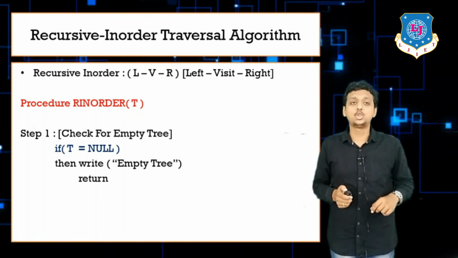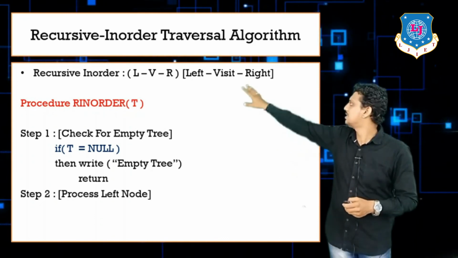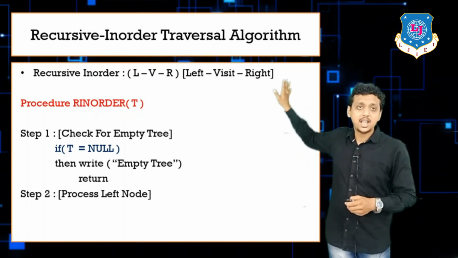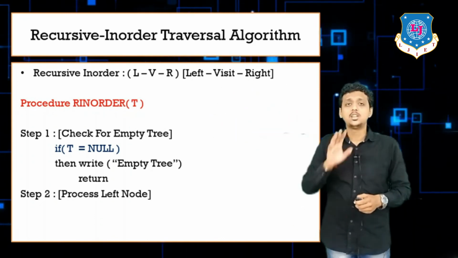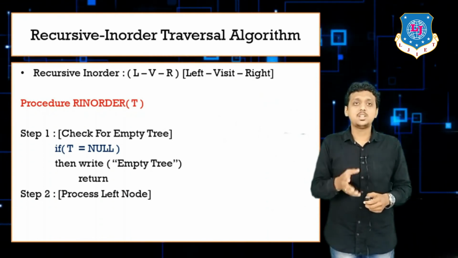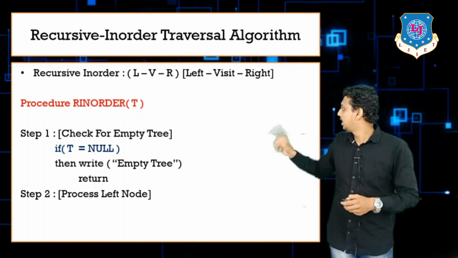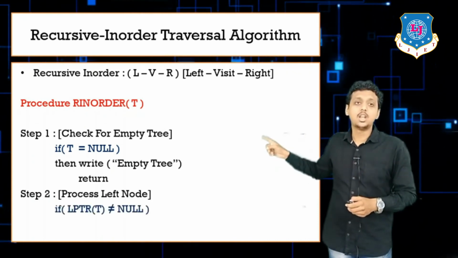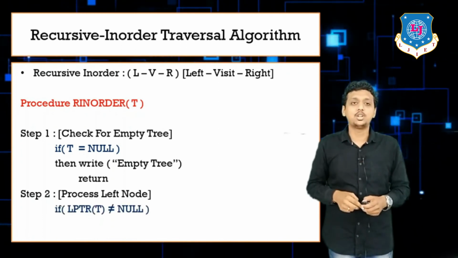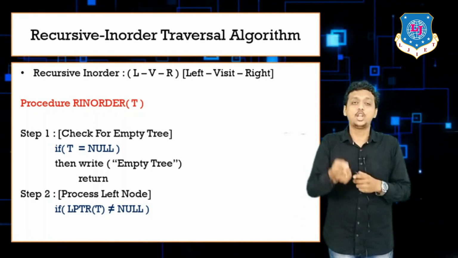Now step number 2, process the left node. Just go with the sequence L, V and R. So first you need to visit left. How to do that? First check whether the left node exists or not. The condition is: if LPTR of T is not equal to null, then you need to apply a function call.